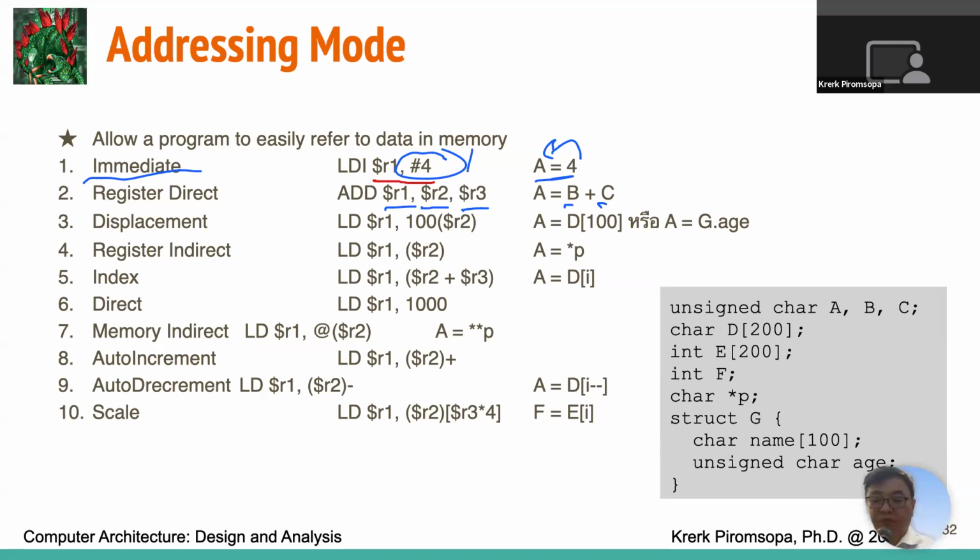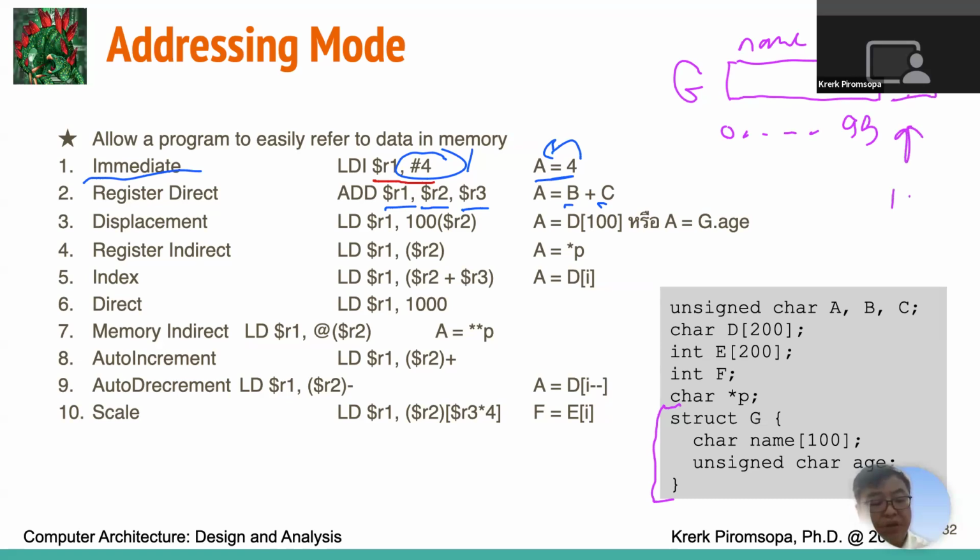Next mode, displacement. Let's take a look at these data structures. If G is a variable, that means the first 100 bytes of G would be name, for 100 bytes. And if you want age, the next byte, it would be 100 places away from the original place, because name is 100 bytes.